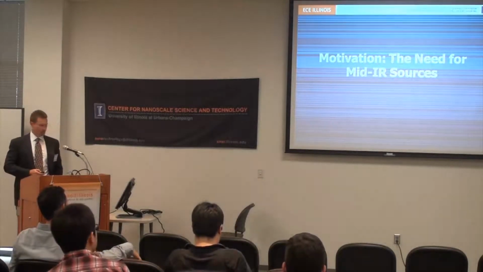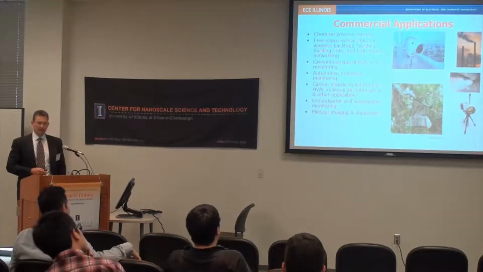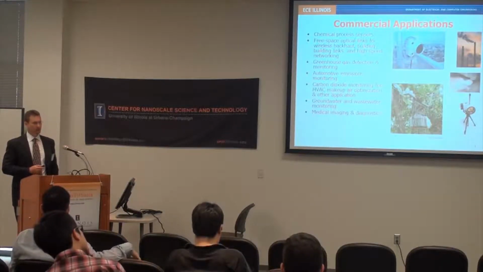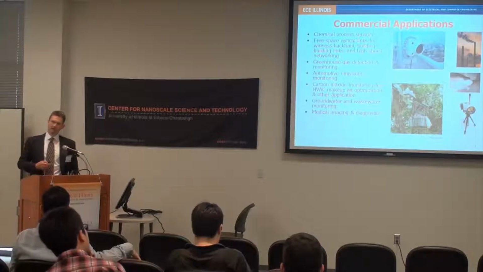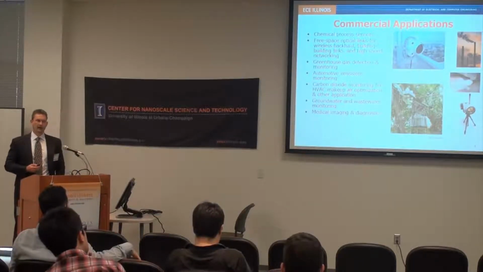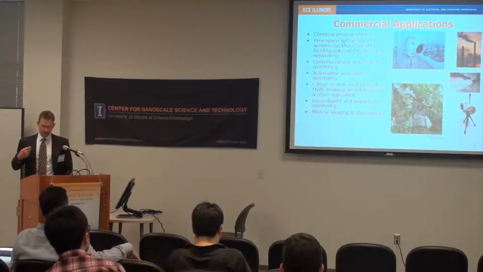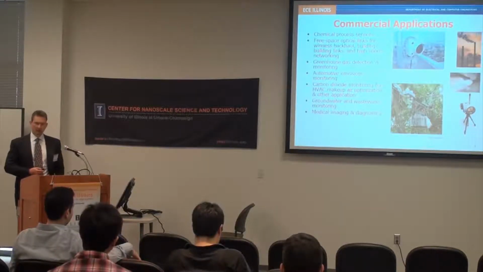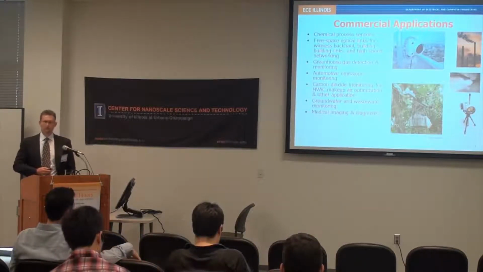With regard to the motivation, the mid-IR region of the spectrum is an incredibly rich region for chemical transitions. As a consequence, any mid-IR source is very useful for a number of applications: biomedical imaging, chemical sensing, chemical process gas detection, greenhouse gas monitoring.